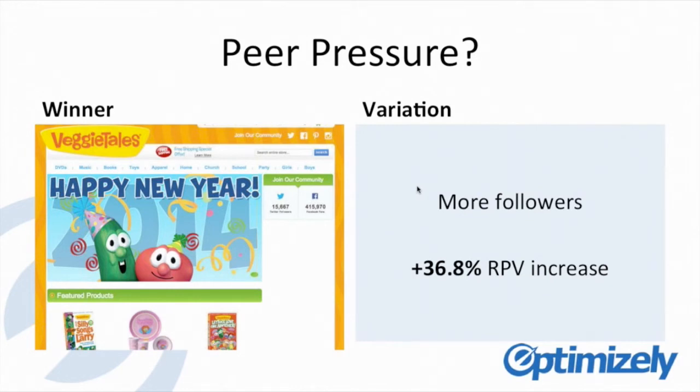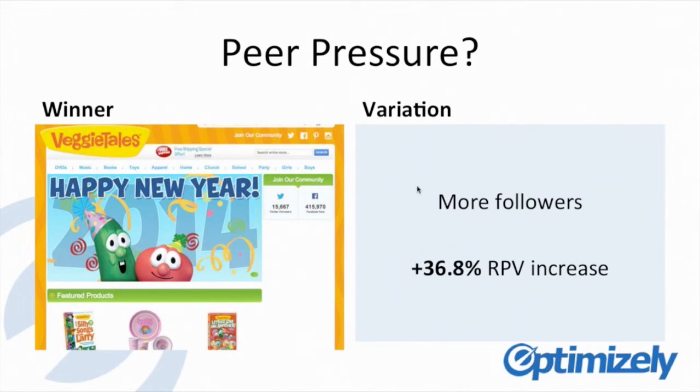So through testing, they were really able to have data that backed up that hypothesis, and that allowed them to then dedicate the development resources to making those changes permanent on their site, and really being able to keep growing the business.